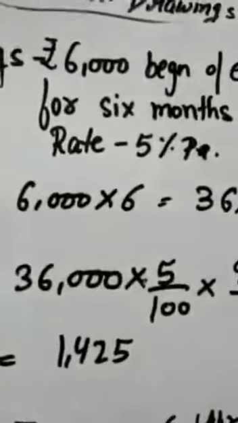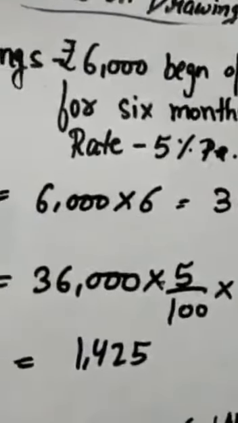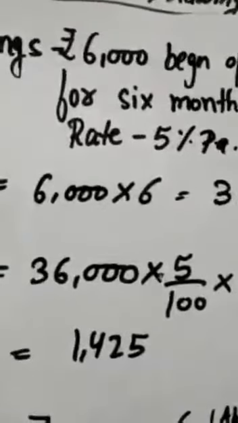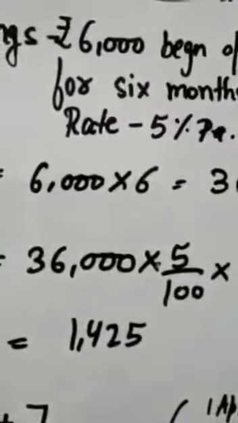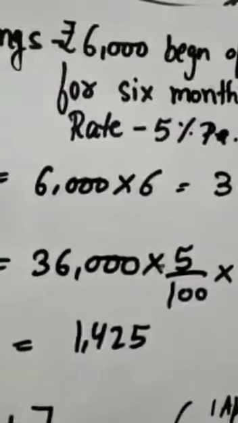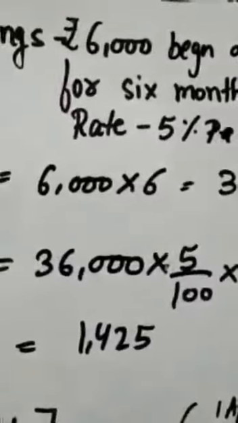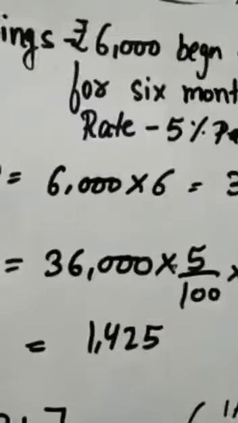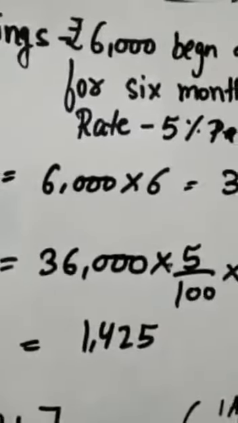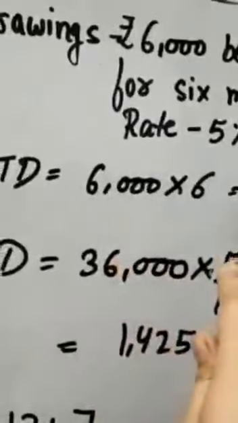Only for 6 months he is withdrawing 6,000 rupees. Ended 30th September means that 6 months are ending on 30th September. That means he has started his first withdrawal on 1st April and his last withdrawal must be on 1st September. That is how the 6 months ended on 30th September, right? And the rate of interest is given 5% per annum.